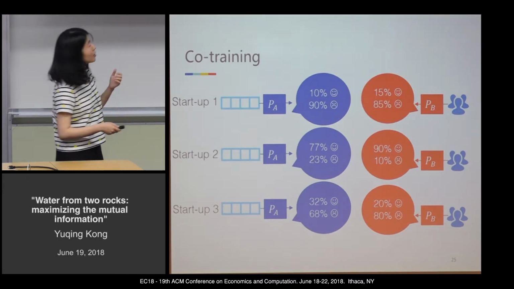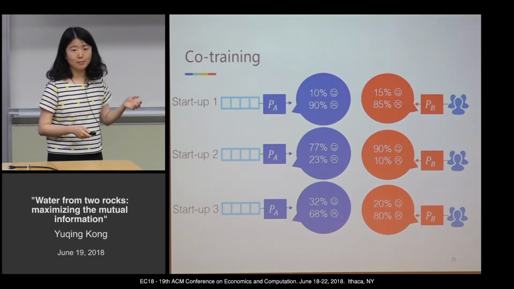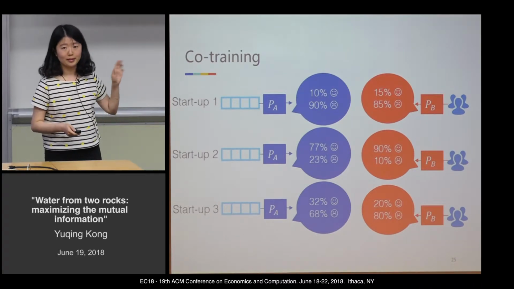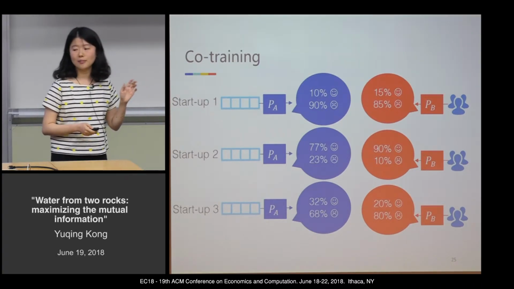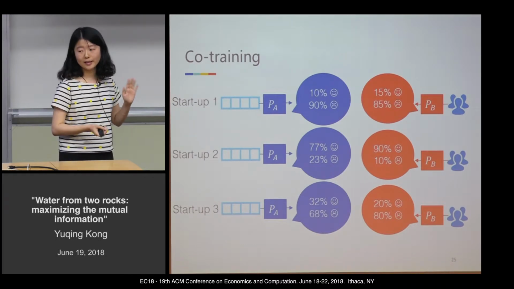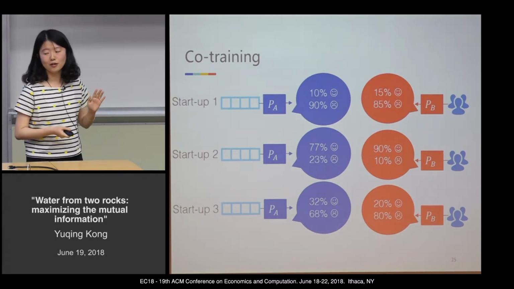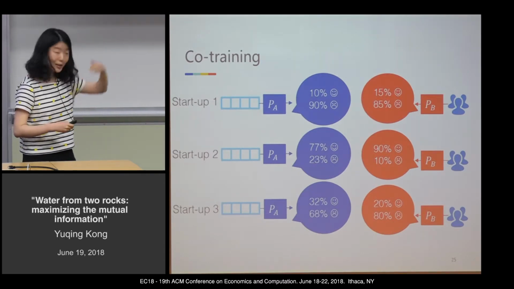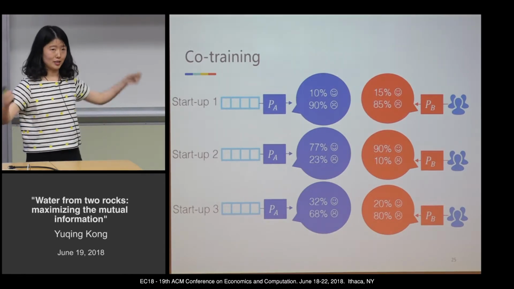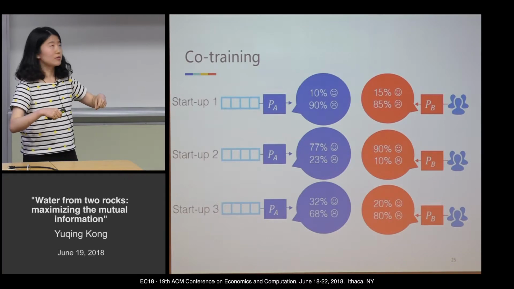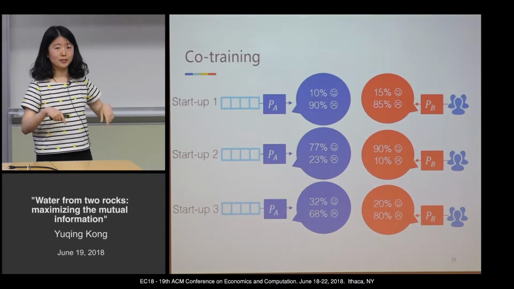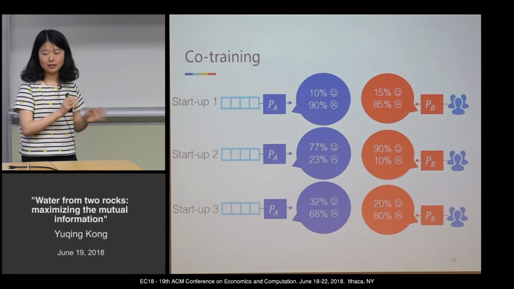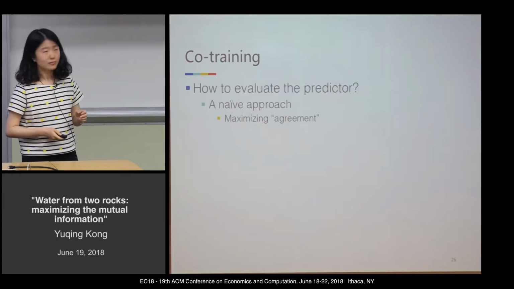And it turns out in the co-training setting, we have the same problem. Remember that we want to evaluate whether the pair of predictors did a good job or not. Intuitively, we can just pay for the agreement between the two predictors. If we have a bunch of data points, we can feed the two views of the data point into the two predictors separately, and then compare whether they agree with each other every round.